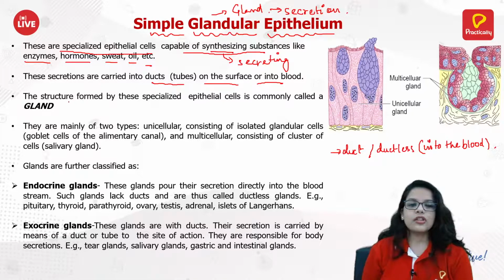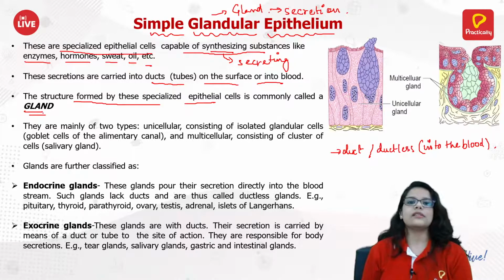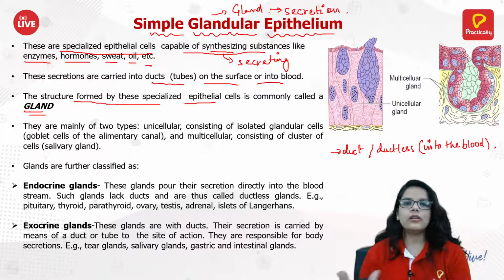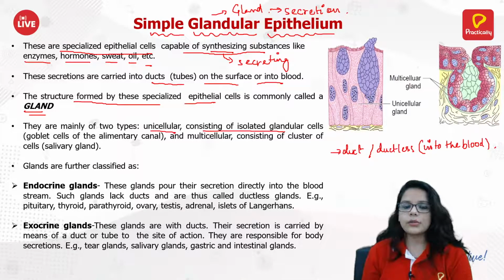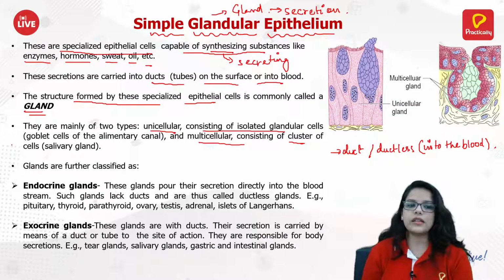The structure formed by these specialized epithelial cells is known as glands, as I just said. So together they form the glands. There are mainly two types of glands. There is unicellular, consisting of isolated glandular cells, and multicellular, consisting of a cluster of cells.